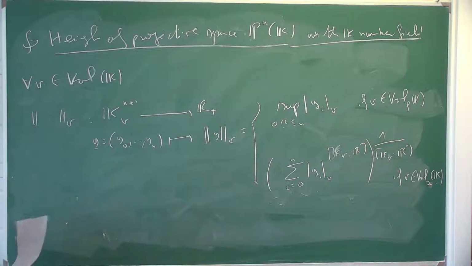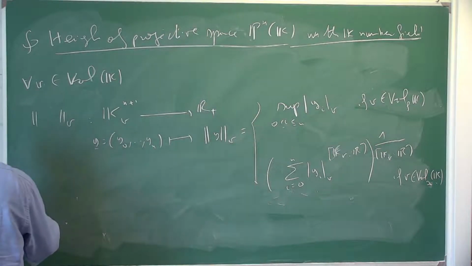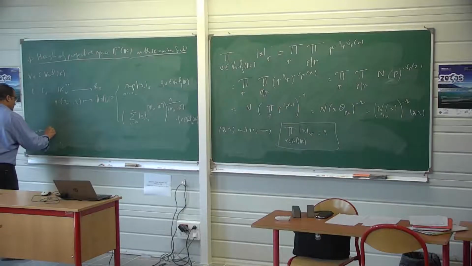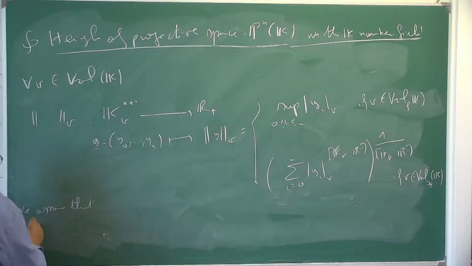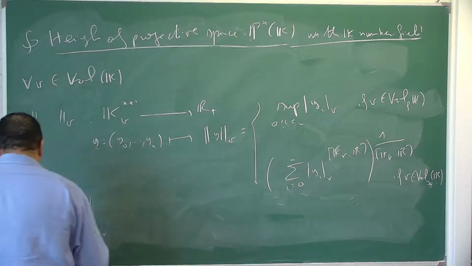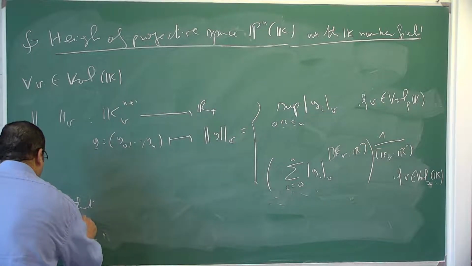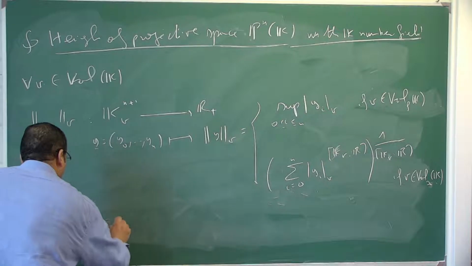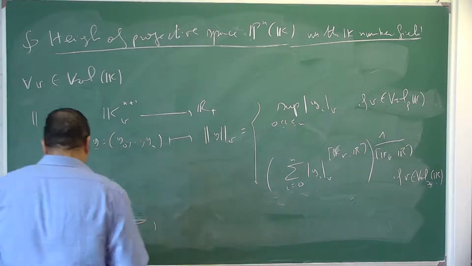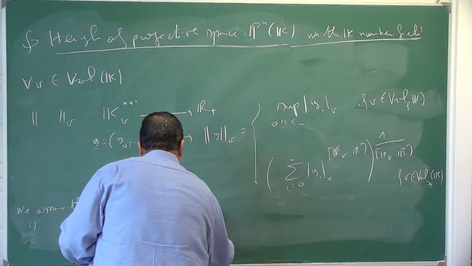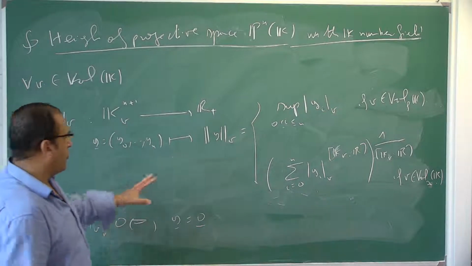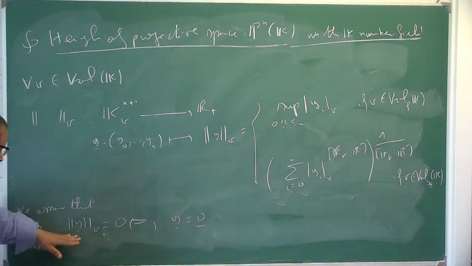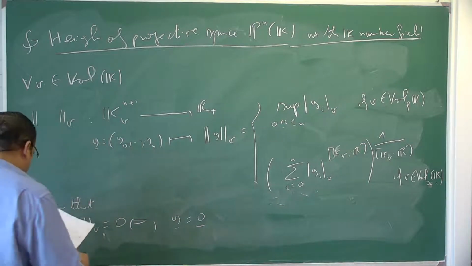And we assume the following conditions. The first one is that the norm of y is equal to 0 if and only if y is equal to 0. Strictly speaking, it's not a norm, but it must verify this condition.